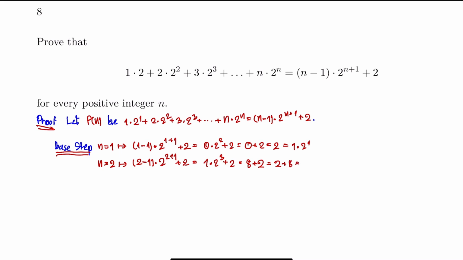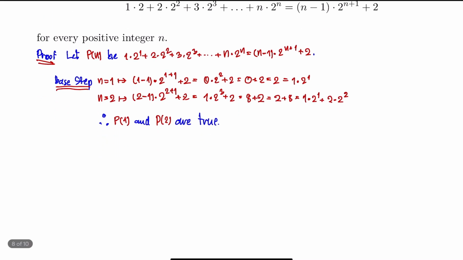What is 2? 2 is 1 times 2 to the 1, plus 8. 8 is 2 times 2 to the 2, which holds. So in the cases where n is 1 and n is 2, we have P1 and P2 are both true.